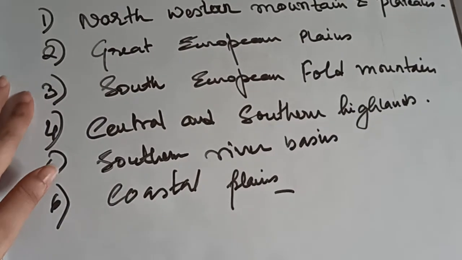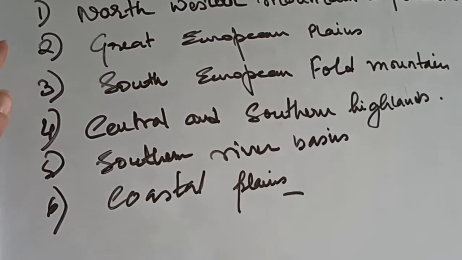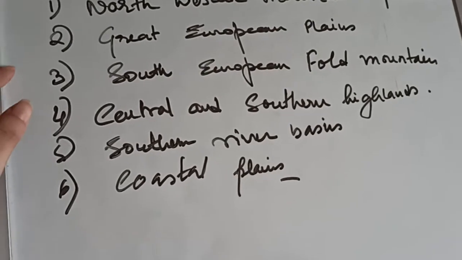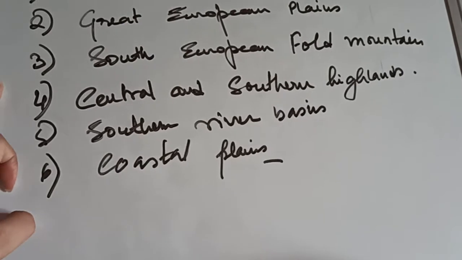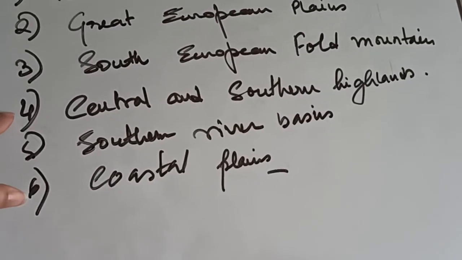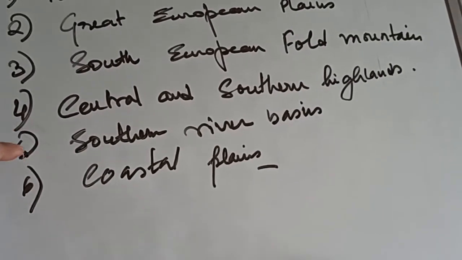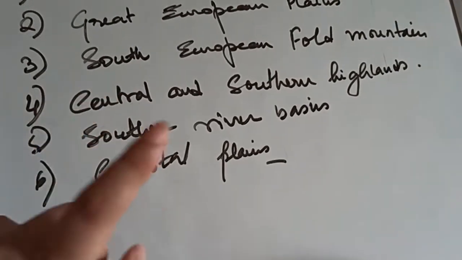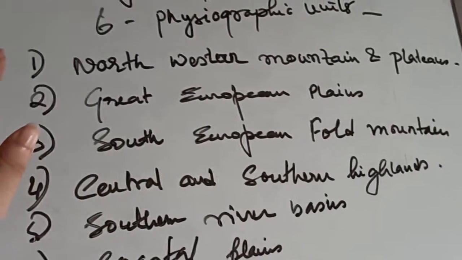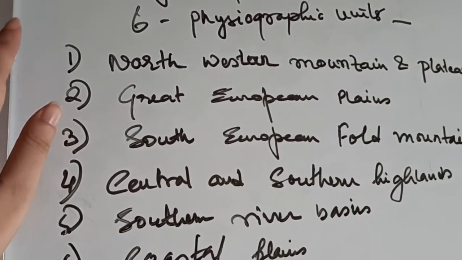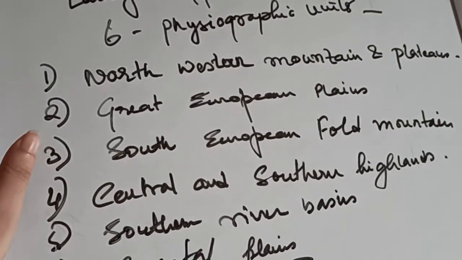Next we have the South European Fold Mountains, present in the southern section of Europe. Next, the central and southern highlands, the highlands present in the central and southern section. Next, we have the southern river basin, and the last one is the coastal plains. So let us start first with the first division, the northwestern mountain and plateau.